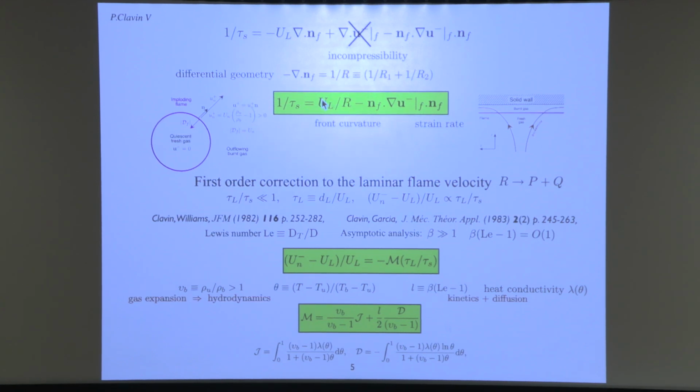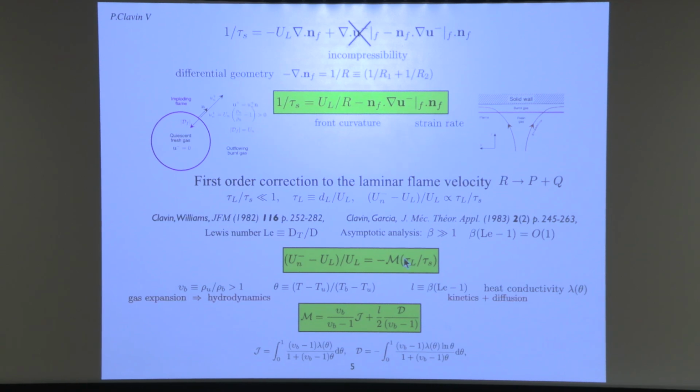The curvature effect plays exactly the role, with the same coefficient, as the strain rate. So you have only one number here telling you how the normal flame speed is different from the laminar flame speed without any gradient, and it is just proportional to a number, and this number is called the Markstein number.